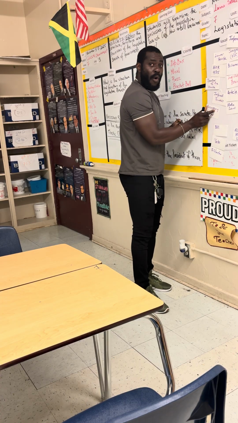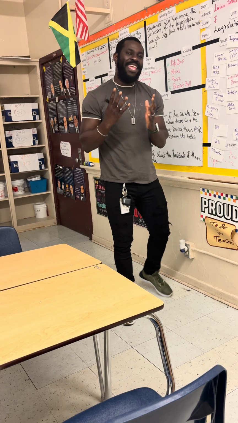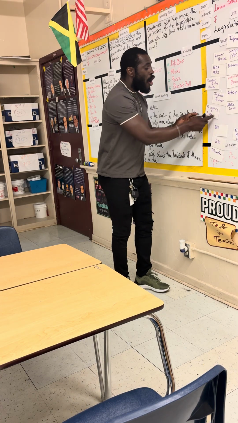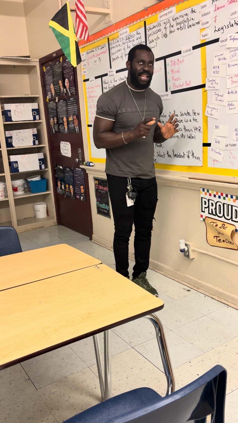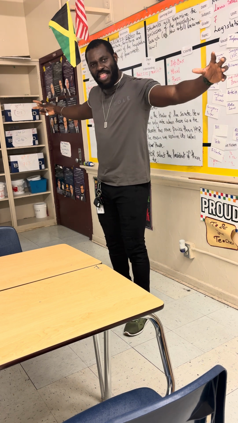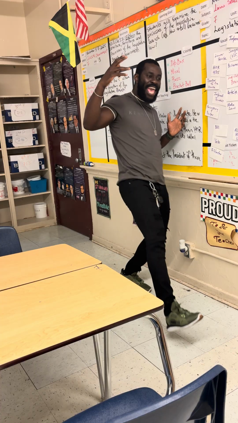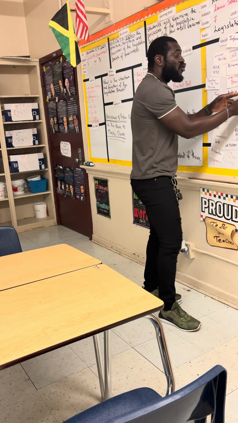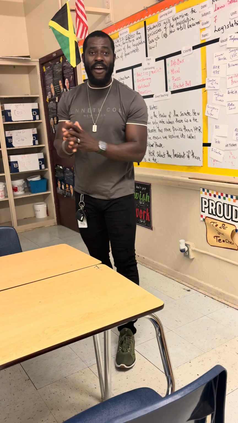When something is necessary, it's needed; it has to be done. Another name for the necessary and proper clause is the elastic clause. Elastic means it stretches, and if something can stretch, that means we can extend. So we are extending ourselves to make sure that the enumerated power is accomplished.